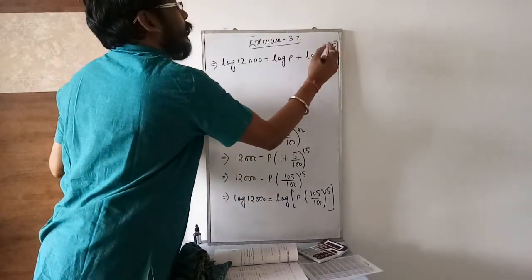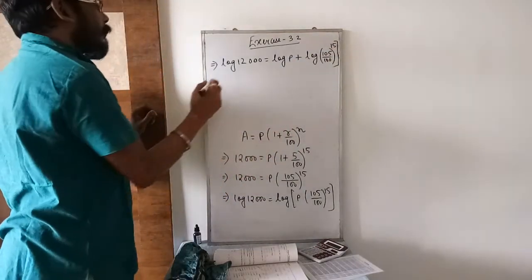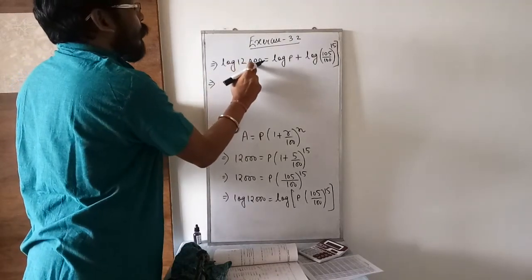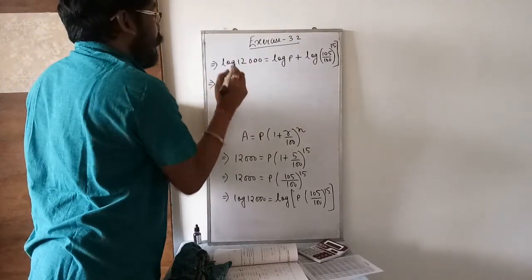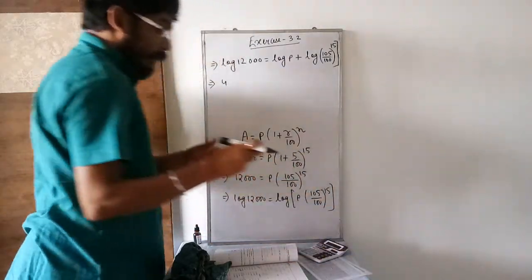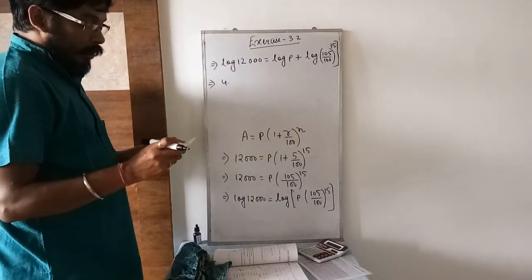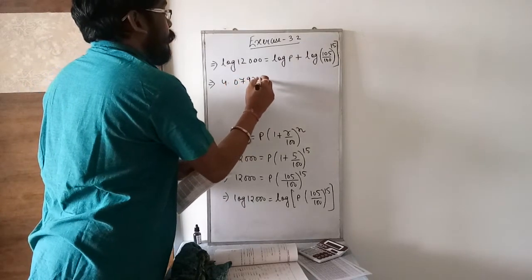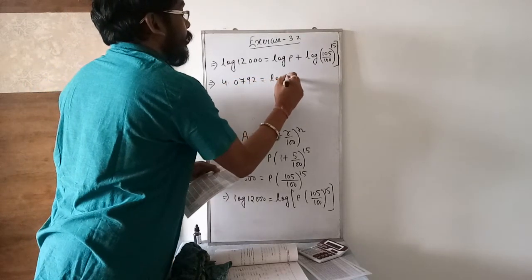It is 105. So here it is 1 2 3 4 5, so it is 4.120. 12 if you search in the log table, it is 0792. Here it is log P.